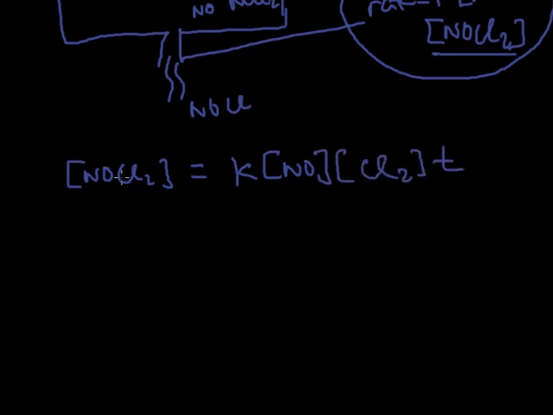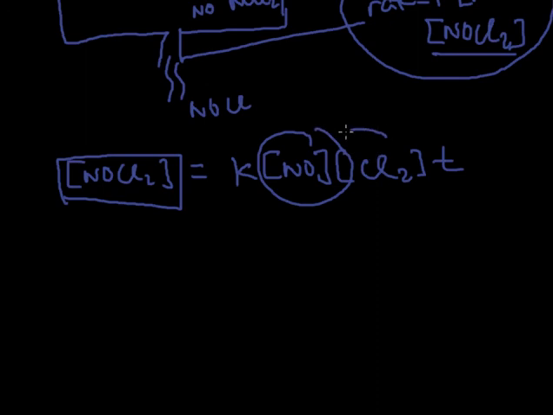Because the rate, [NOCl2] over time, is k[NO][Cl2]. So if we put time on the other side, it's k times the concentration of NO times Cl2 times time. So we know that the concentration of NOCl2 depends on the concentration of NO and on the concentration of Cl2. So the rate at which NOCl2 is formed is dependent on NO and Cl2.